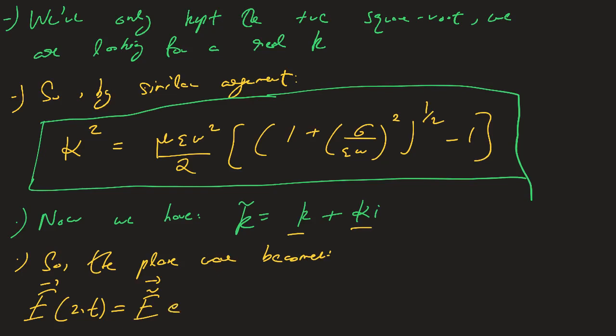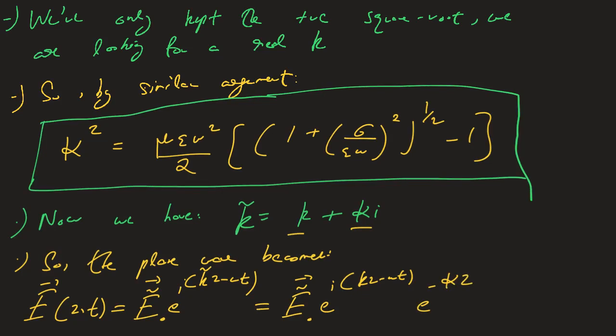So just for generality we are saying it is e to the i of k tilde z minus omega t, but now we can expand it, and it becomes equal to e naught tilde vector e to the i of the real k z minus omega t multiplied by e to the minus kappa z.